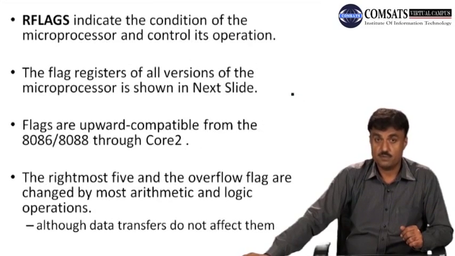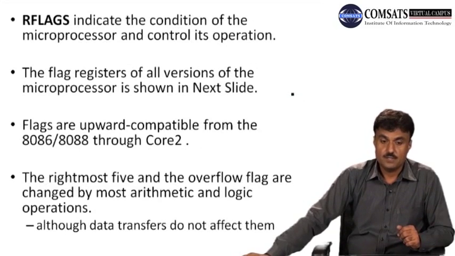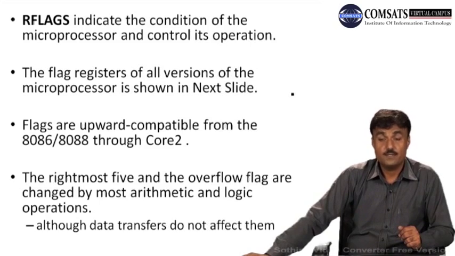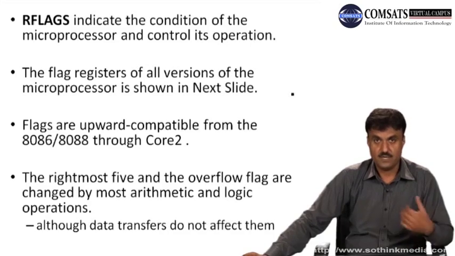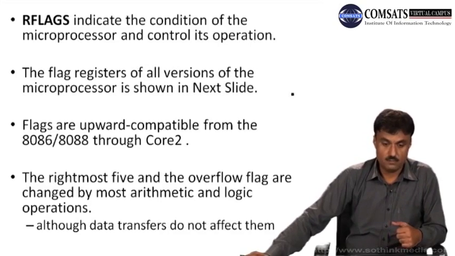Now the most important register is called the flag register. The flags register indicates the condition of the microprocessor and controls its operation. Whatever instruction you execute, it will indicate the status, and it will be used to control the operation.